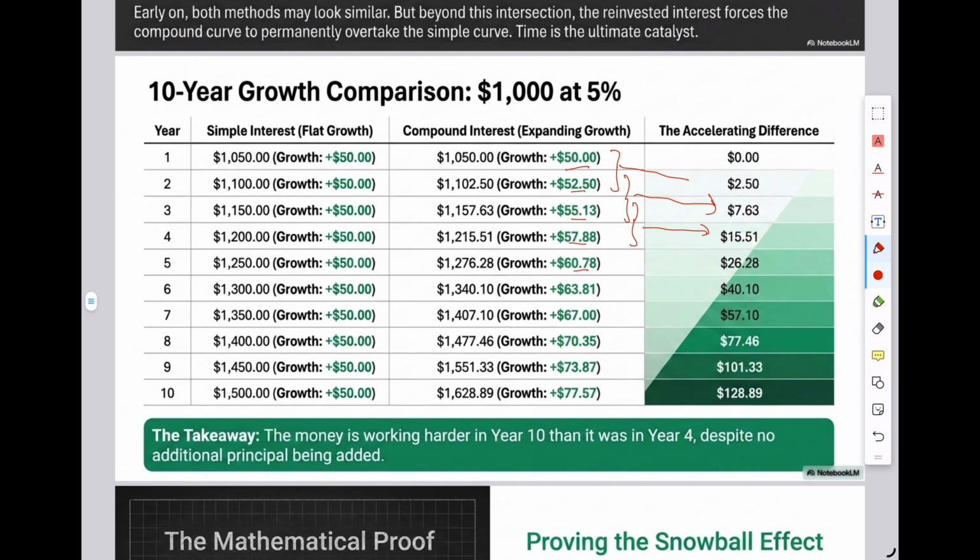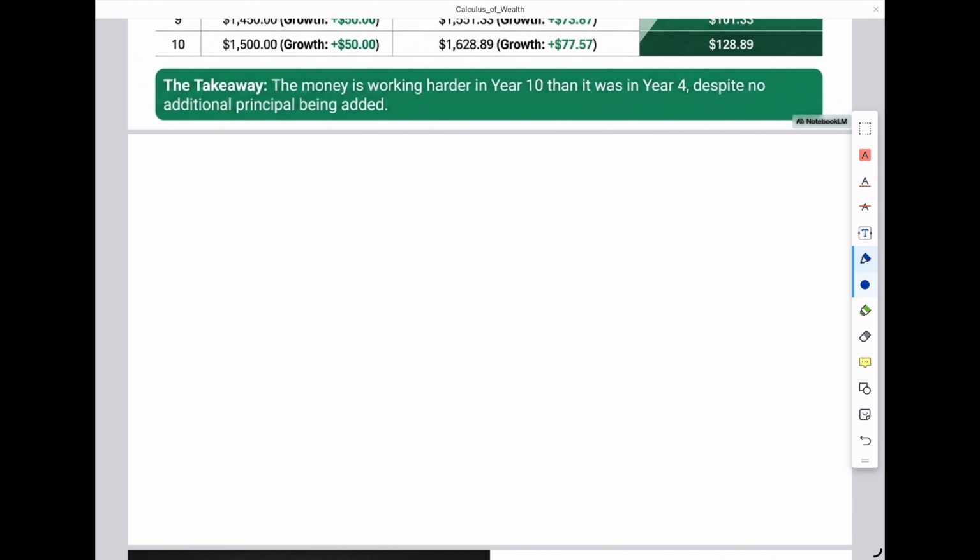So let's look at why this is true. To look at the growth of a function, we actually look at how fast the gradient changes.